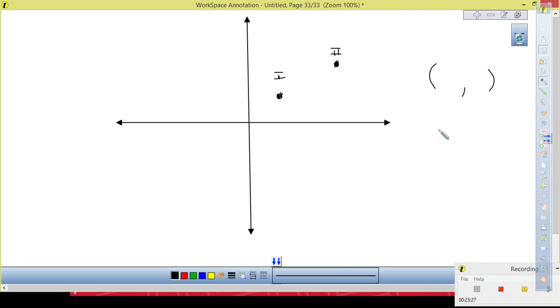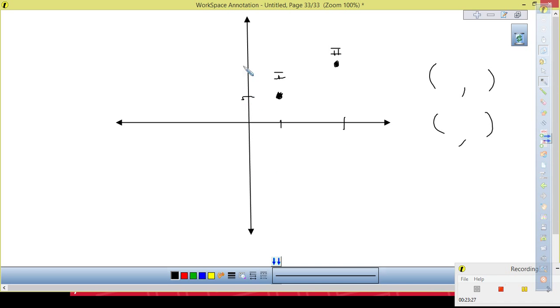So, let's see. What would be the coordinates of point 1? And what would be the coordinates of point 2? Let's see. This we know has an x value, is that correct? So does this one.